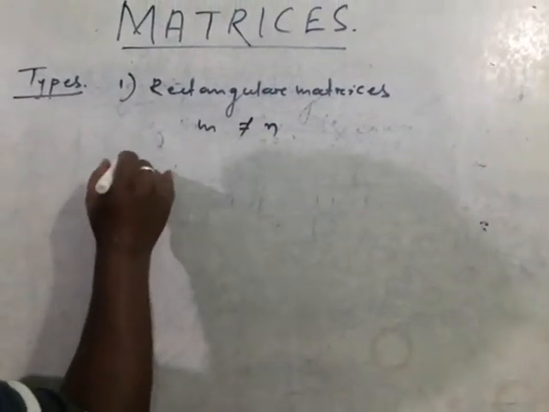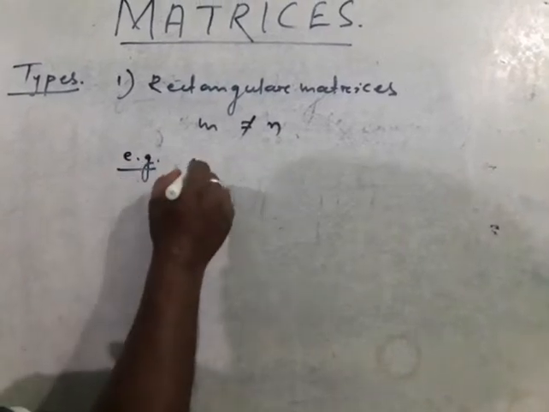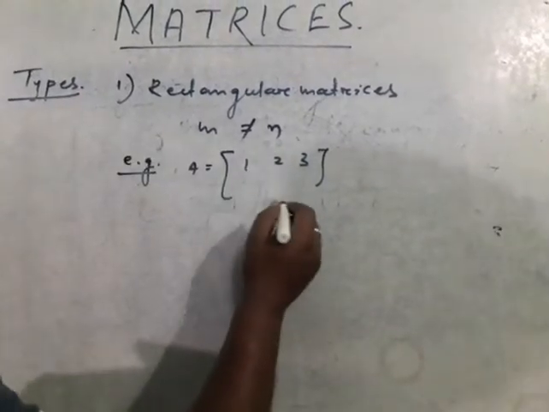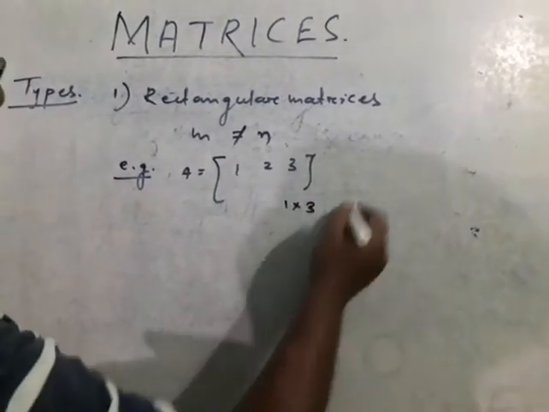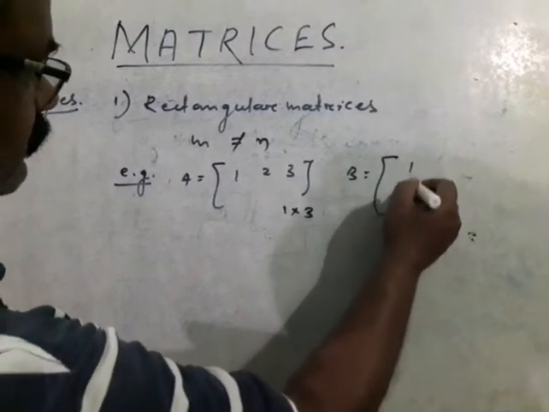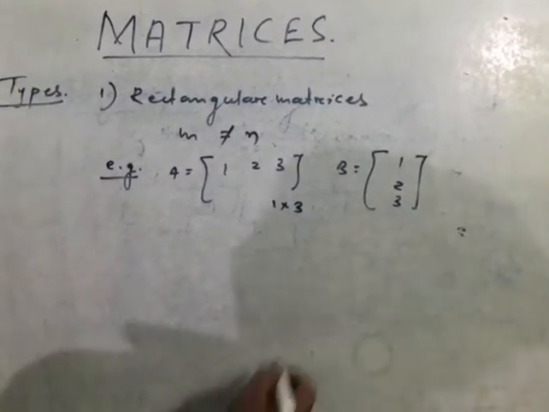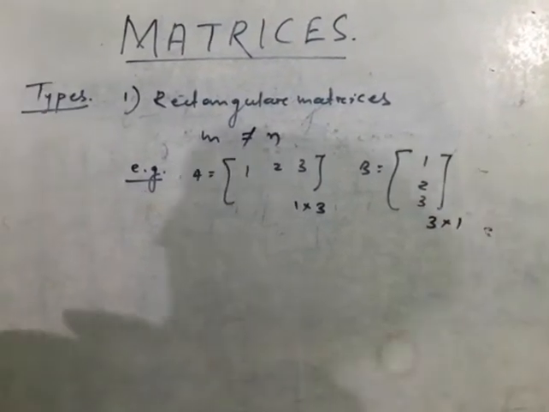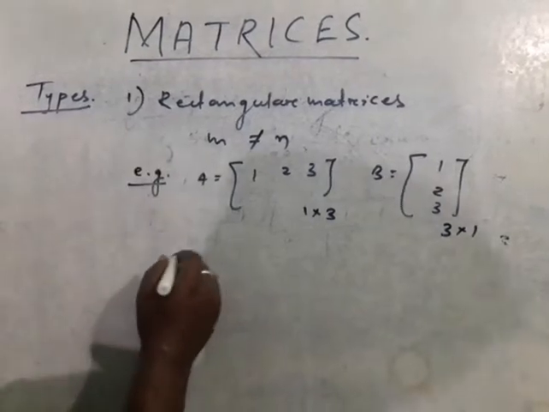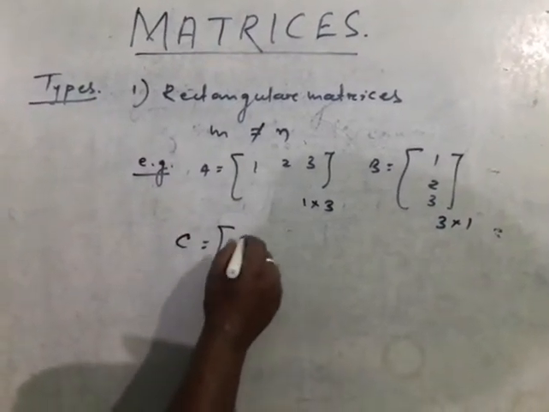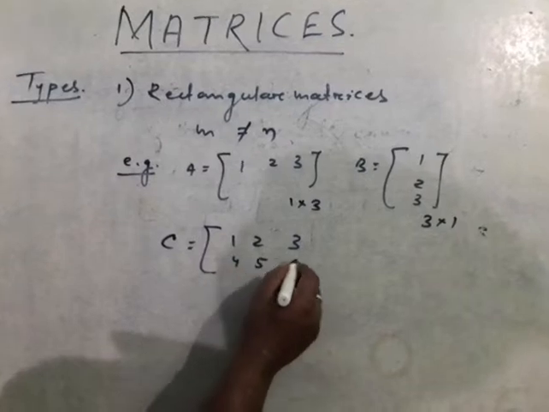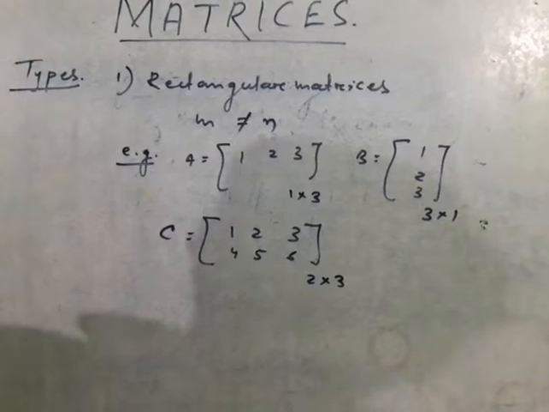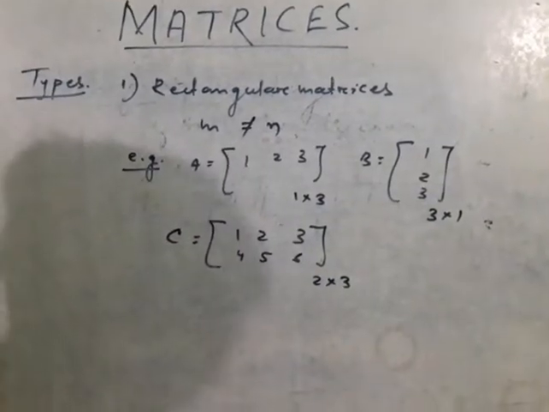For example, A is 1, 2, 3; in this case, the order of the matrix is 1 by 3. B is 1, 2, 3 arranged in a column, a matrix whose order is 3 by 1, meaning 3 rows and 1 column. Or C is another matrix containing 1, 2, 3, 4, 5, 6, where the number of rows is 2 and the number of columns is 3, so a 2 by 3 matrix. All these are rectangular matrices.